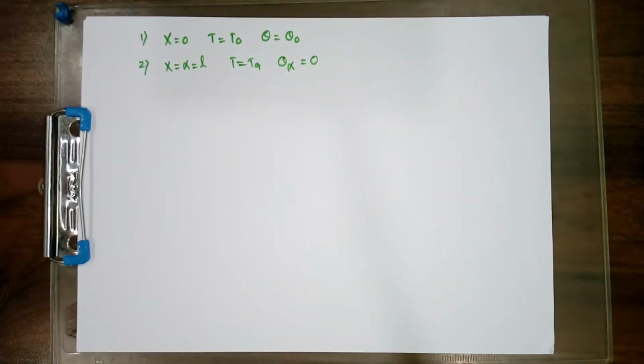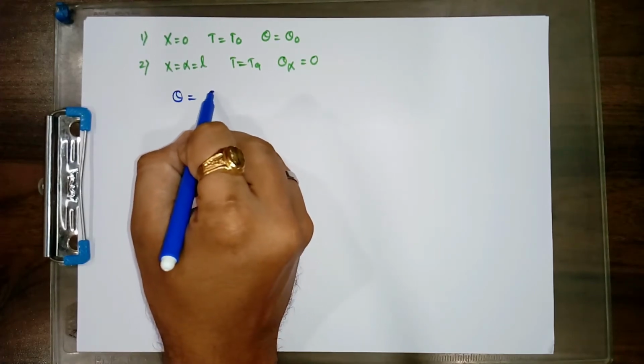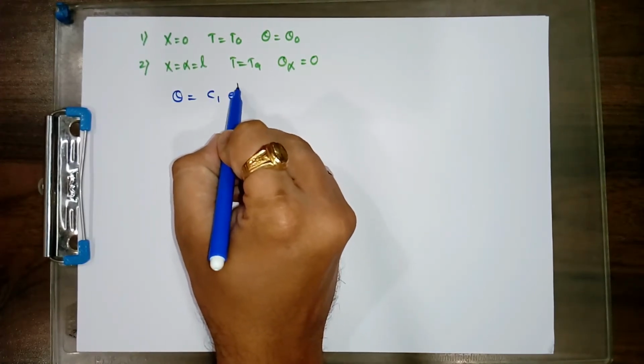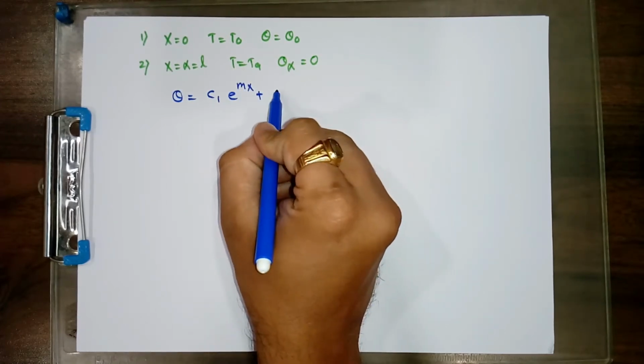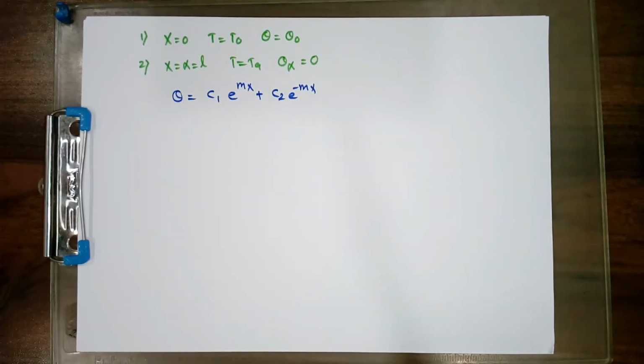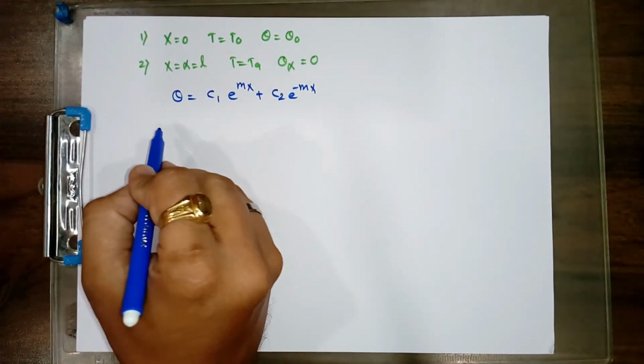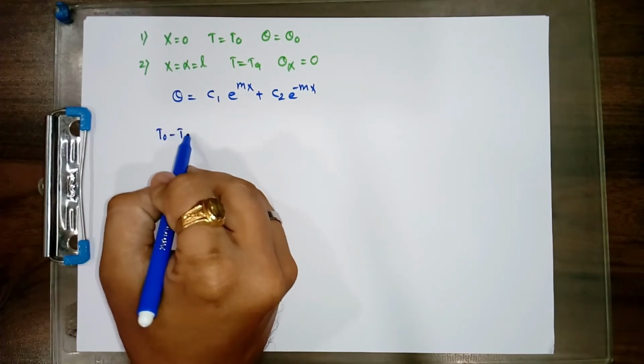Now we apply these two boundary conditions to our previous equation. Our previous equation for the temperature difference on the fin that we derived is theta equals C1 e to the power mx plus C2 e to the power minus mx, where x indicates the distance from the base and theta indicates the temperature difference. First condition: theta equals theta naught, or T naught minus Ta.